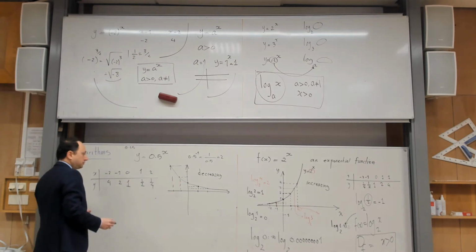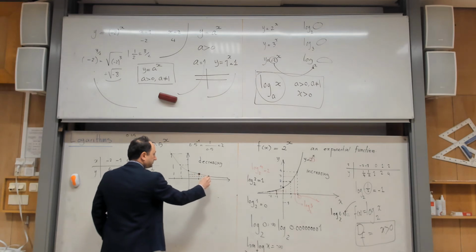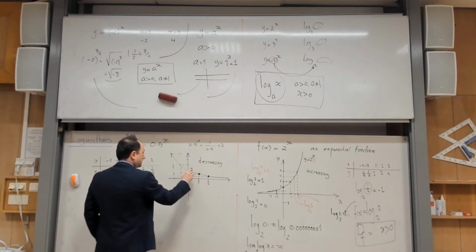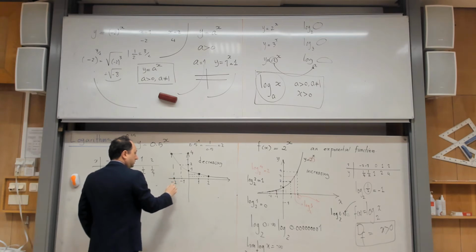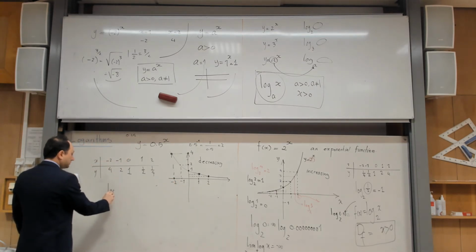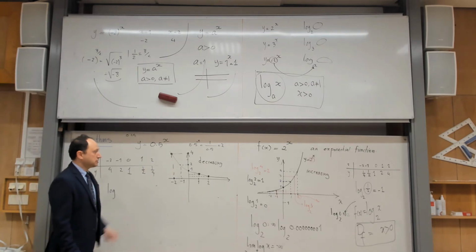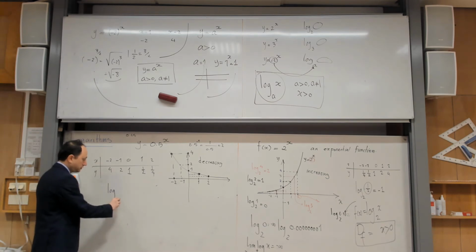So let me ask you some questions here to test your understanding. So let me write these numbers in front of your eyes. Okay, now I ask you some questions. If I ask you the logarithm, by the way, what is the base corresponding to this exponential function? What is the base? 0.5.